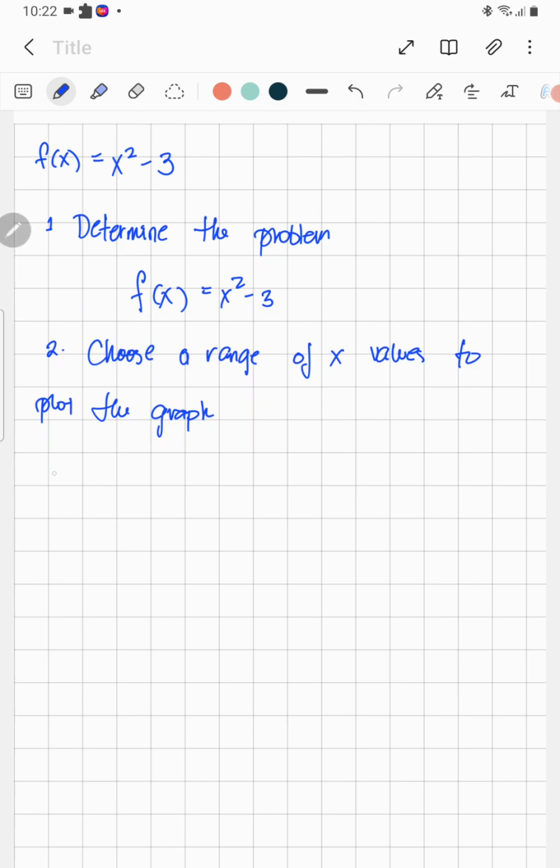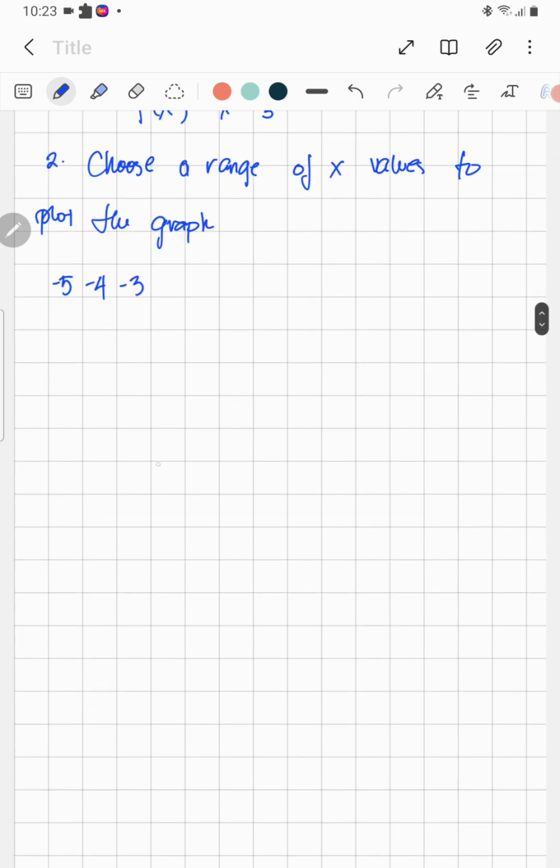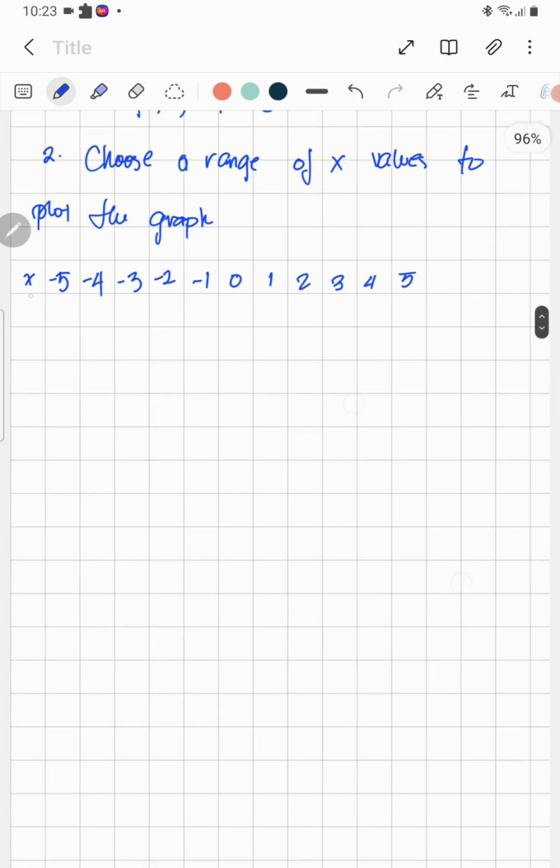So mag-start tayo sa negative 5 and then plus 1, magiging negative 4, negative 3, negative 2, negative 1, 0, 1, 2, 3, 4, 5. Yan ang increment of 1 natin because nagdagdag tayo ng 1 at each instance of x. Okay? So, yan yung value ng x natin. So, i-graph na natin siya.